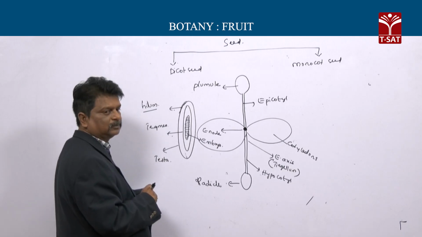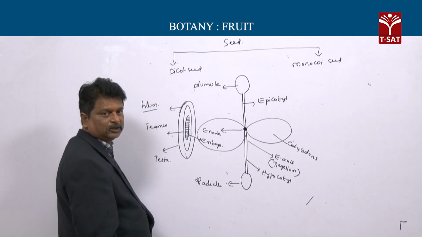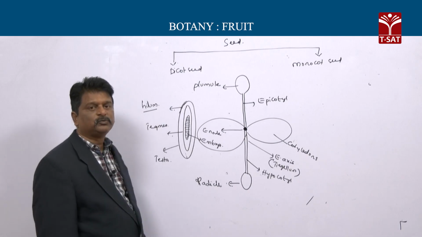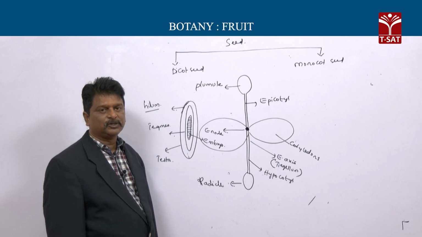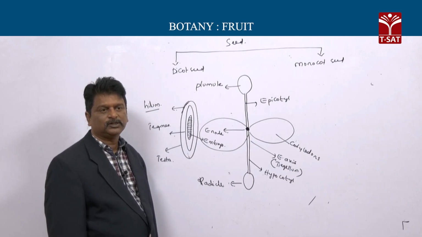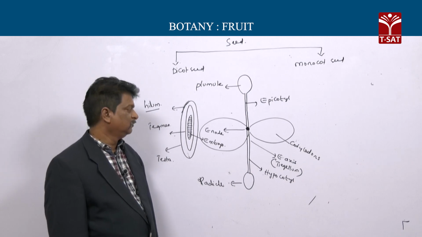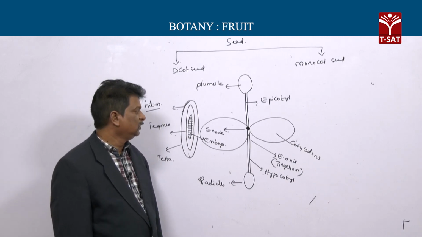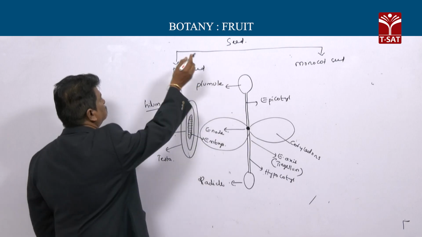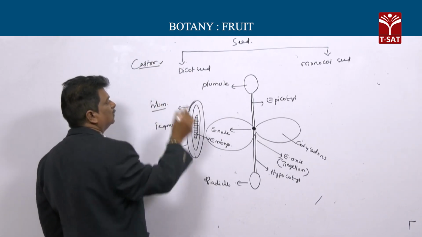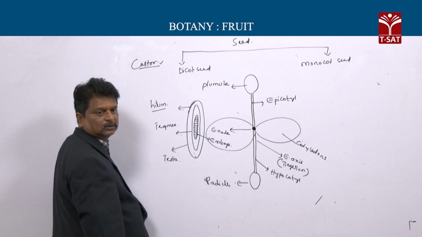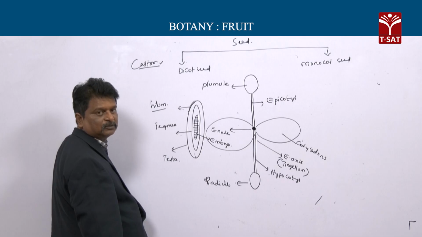Generally in dicots, the seed is non-endospermic. So non-endospermic seed is present in dicots, and the cotyledons are often fleshy. But there are some dicots, like castor. In castor, the seed contains endosperm, so they are called endospermic seeds.